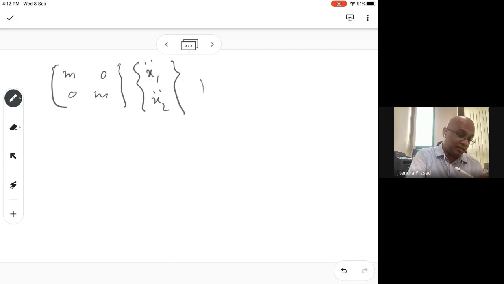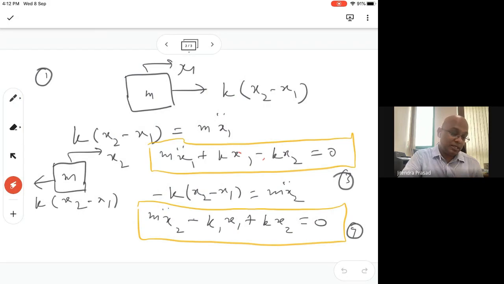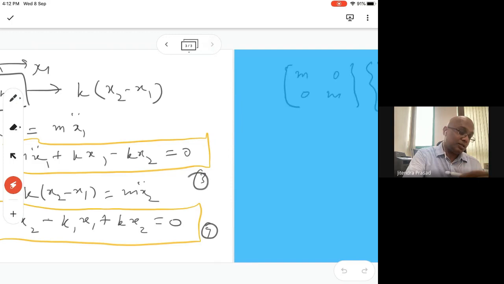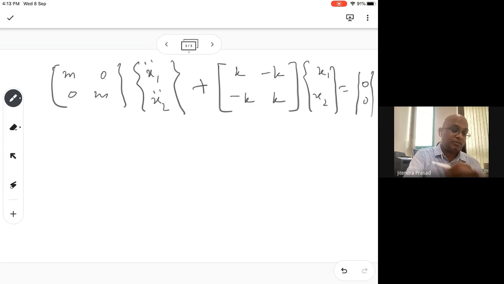We combine this: k, minus k, minus k, k, and x1, x2 is equal to 0, 0. Now we have to solve it. We have to find out the natural frequency.